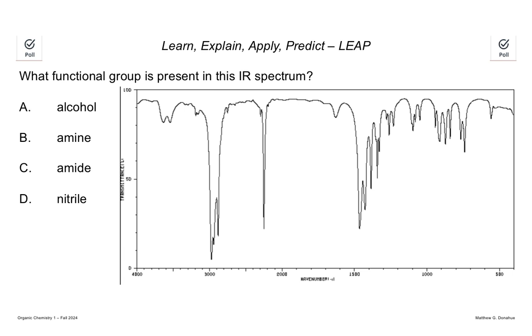We said for this one, there was a nice sharp signal in region 2, which was our triple bond. And based on the choices, that's going to be the nitrile.